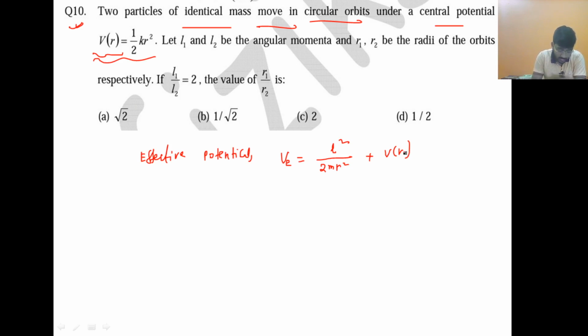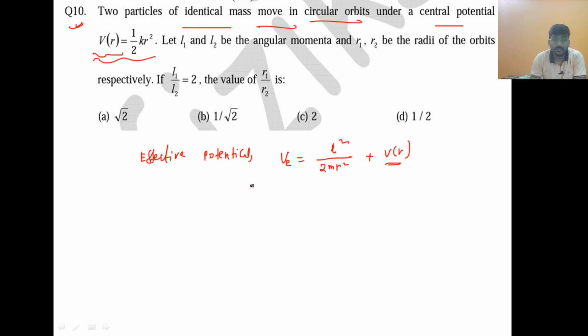This is always correct. For one body system this m will be the mass, and for two body system this will be the reduced mass. V of r will be the central potential which is given here, half k r square.